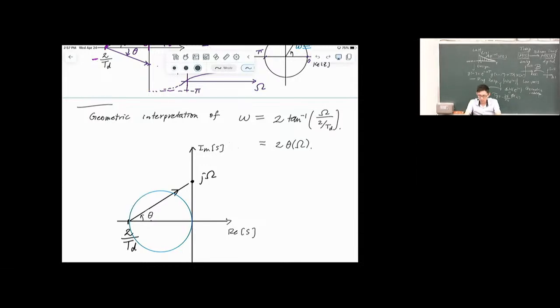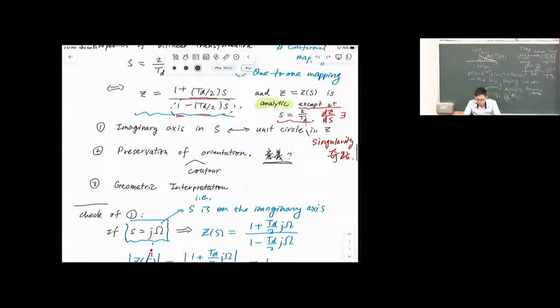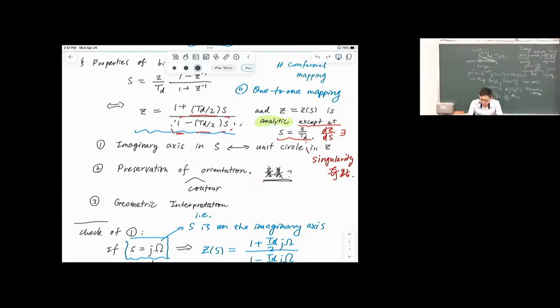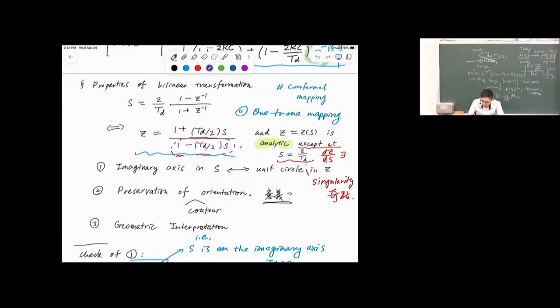What else? So that's one property we have found out. You can actually write down the explicit expression of how this imaginary axis is mapped to the unit circle by writing omega equals 2 times arctangent, and then big omega, I think it's like this. Yeah.